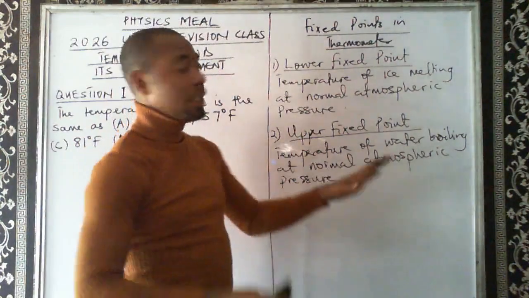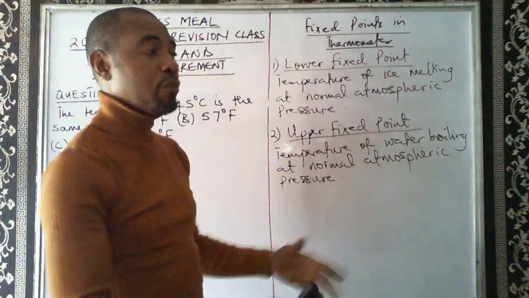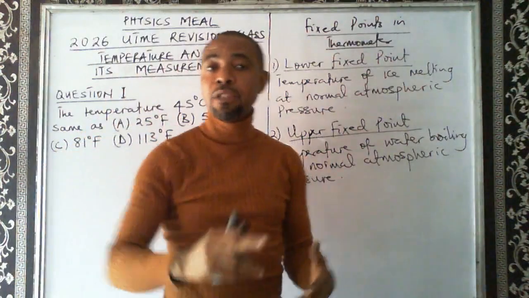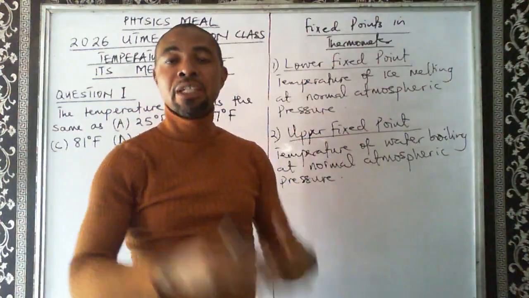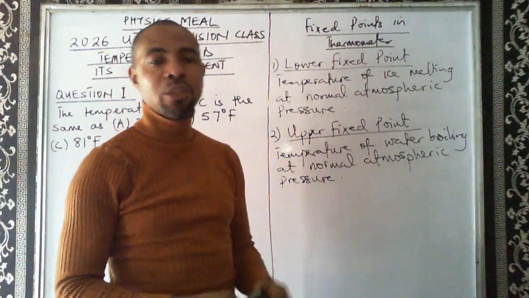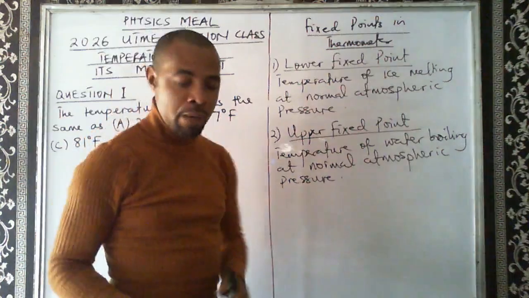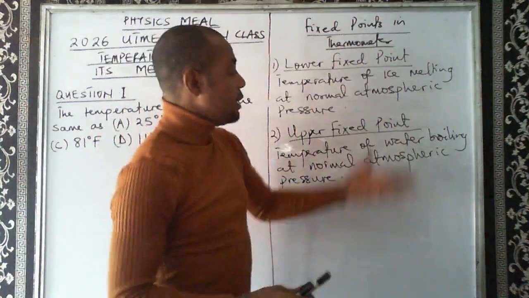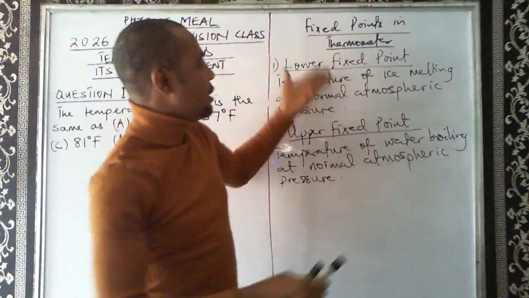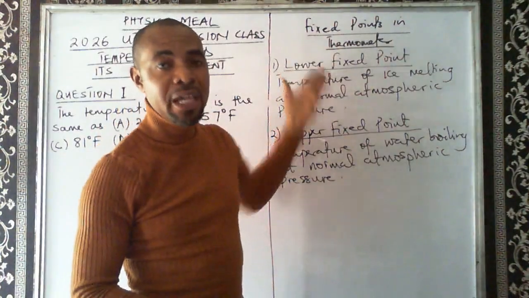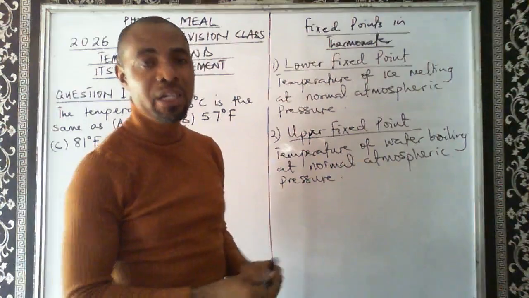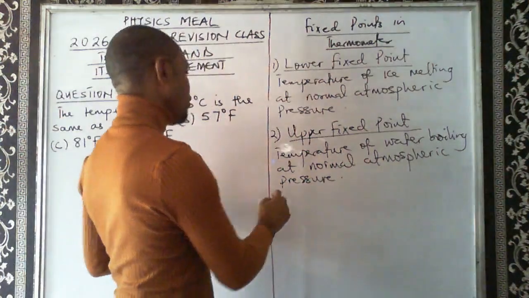So we're going to look at the values of the fixed points, the lower fixed point and the upper fixed point, for the centigrade scale, the Fahrenheit scale, and the absolute temperature scale. But before then, the difference between the upper fixed point and the lower fixed point is known as the fundamental interval.